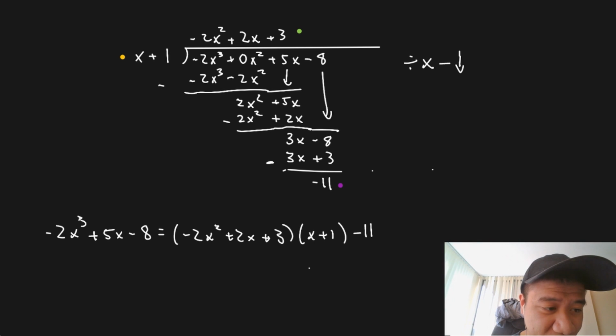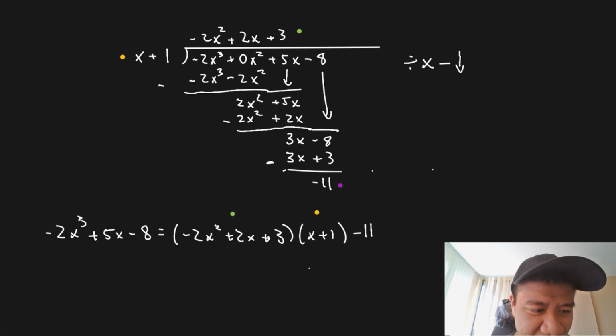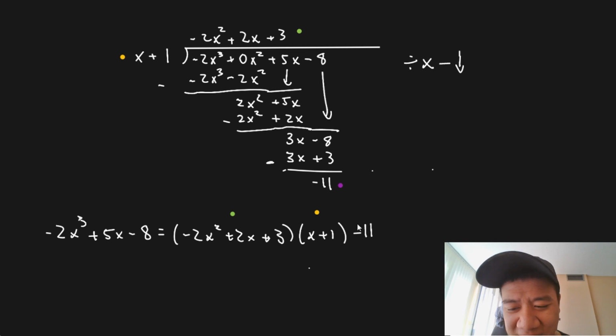Okay, so same format. We have our quotient times our divisor, and then we add our remainder. Since it's negative in this case, we subtract it. There we go.